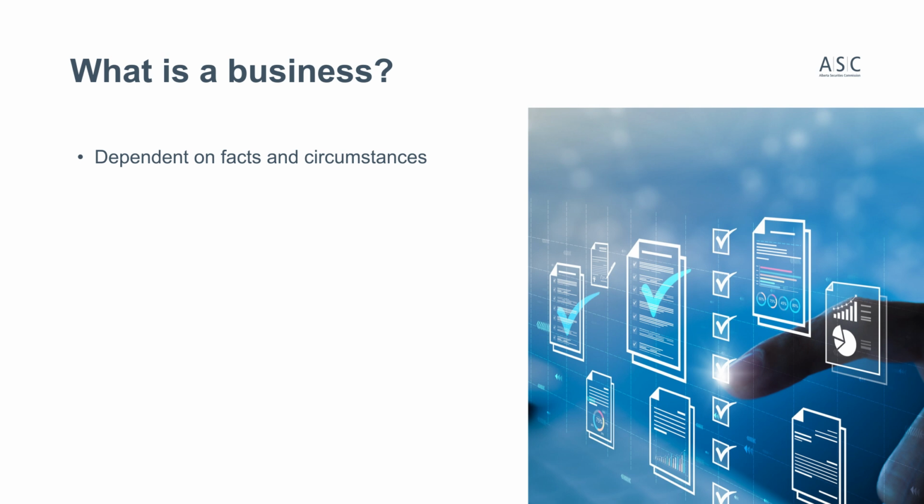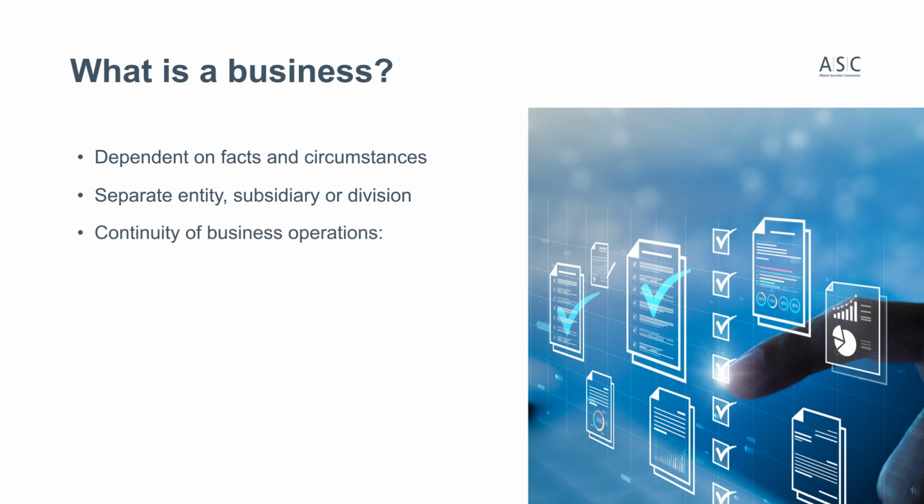As a rule of thumb, we generally consider that an acquisition involving a separate entity, a subsidiary, or a division of a company is a business, and in some circumstances, a smaller component of a company may also be considered a business. When completing this assessment, you should consider the continuity of business operations. If the revenue-producing activity or potential revenue-producing activity will remain the same after the transfer, this would support the conclusion that a business is being acquired.